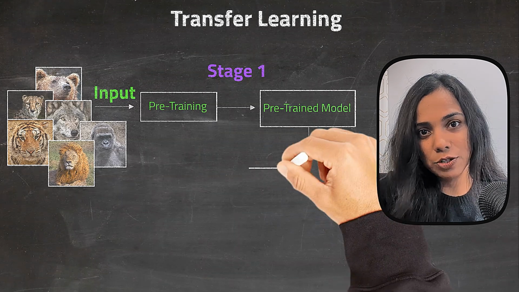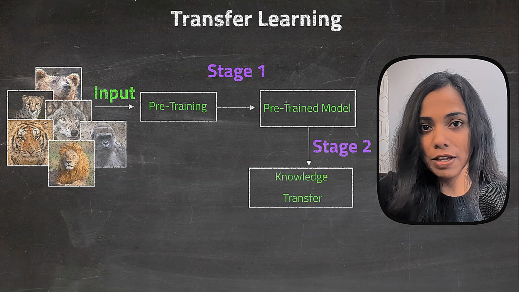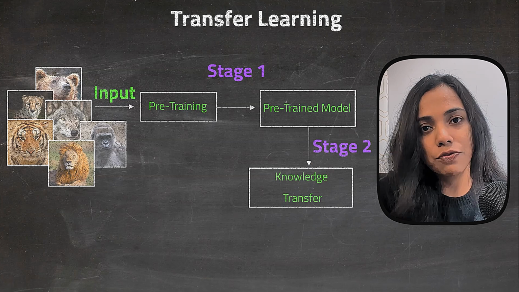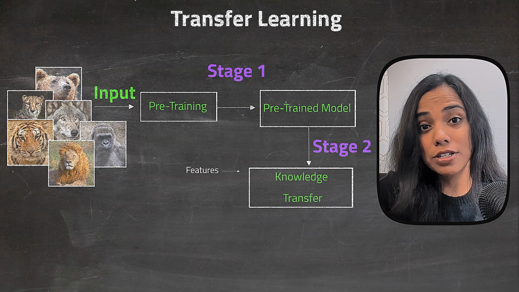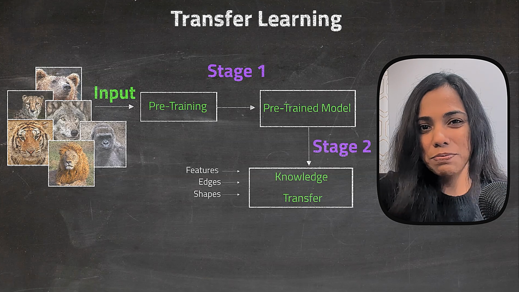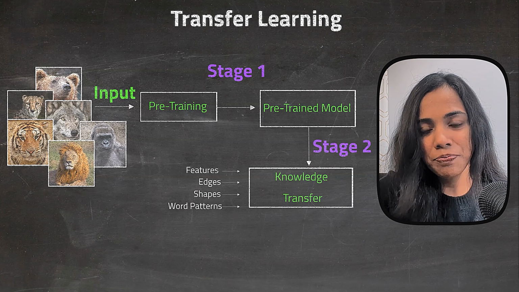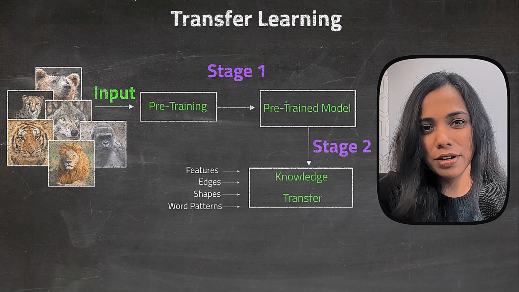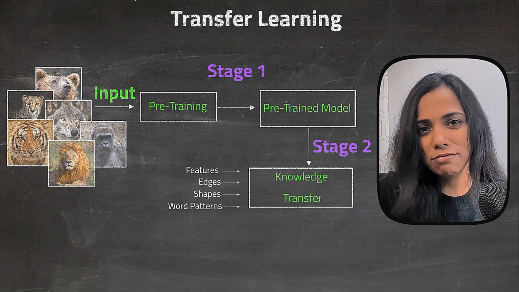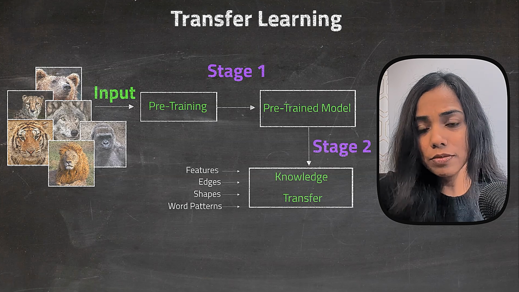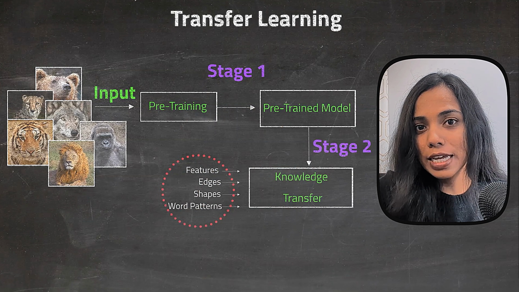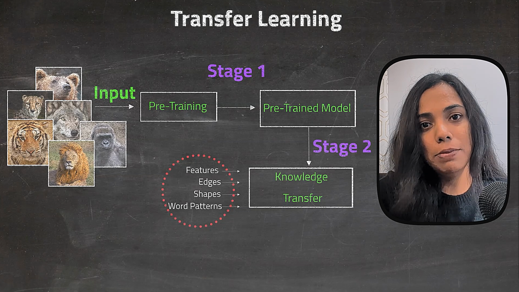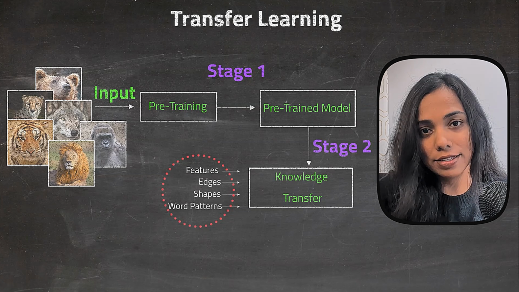Then comes the knowledge transfer stage, where you take that model with all its layers, where it may have learned something useful. Like in case of images, it may have learned features like edges, shapes, relationship between edges, etc. And in case of natural language, it may have learned things like word patterns, grammar, relationship between different words, gender, etc. So during knowledge transfer, you take these learned features and then apply it to a completely new but related task.